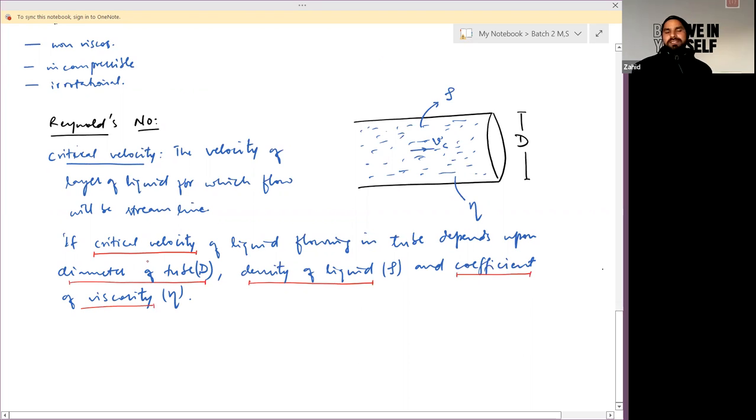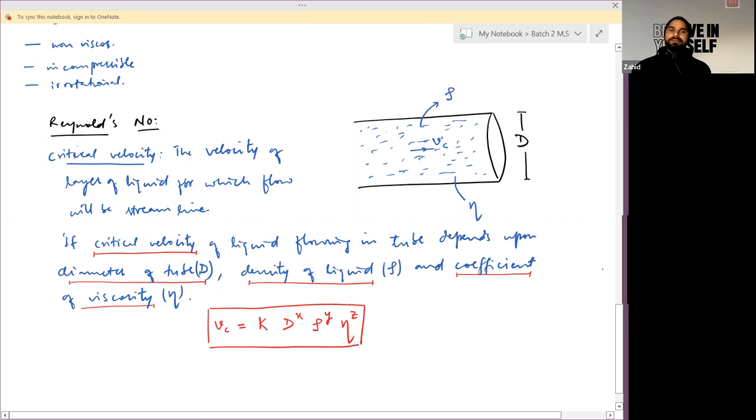On the basis of its dependency, we can write its formula as critical velocity equals some proportionality constant and its depending factors, diameter raised to x, density raised to y, and coefficient of viscosity eta raised to z. So this will be some empirical relation between their dependency.